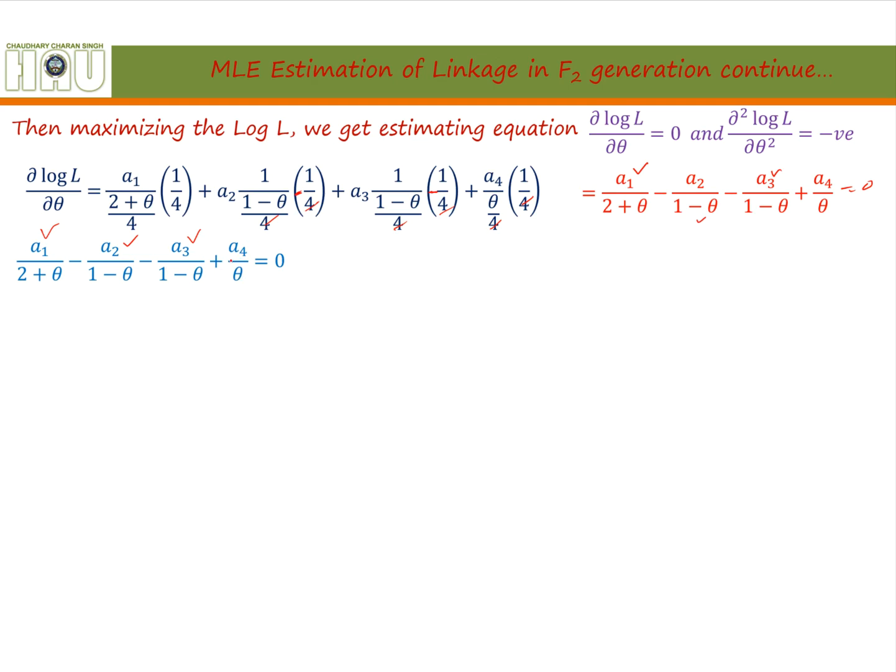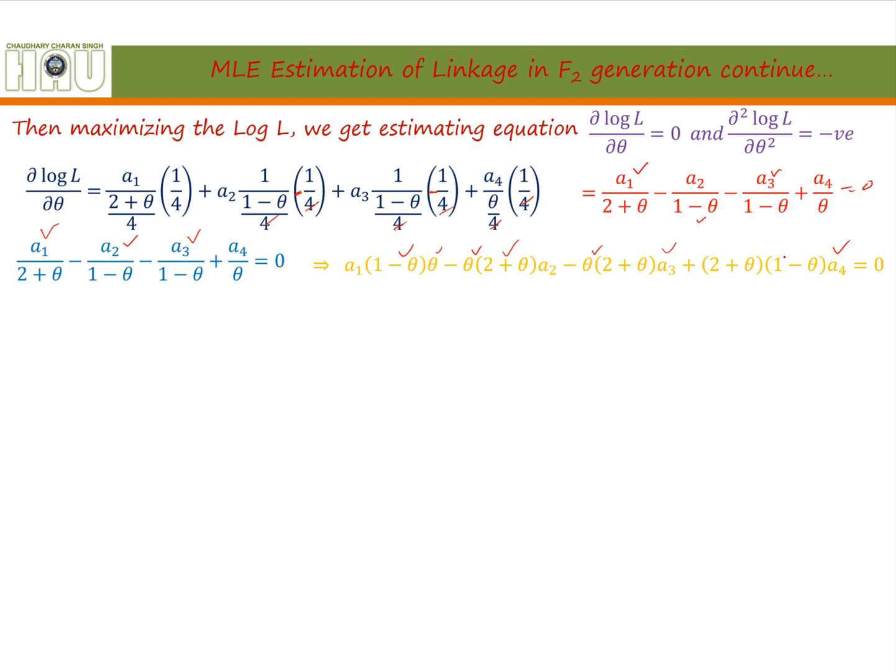And a4 is multiplied with 2 plus theta into 1 minus theta. So my equation is a1 multiplied with 1 minus theta into theta, minus a2 theta into 2 plus theta, minus theta into 2 plus theta a3, plus 2 plus theta into 1 minus theta a4 is equal to 0.